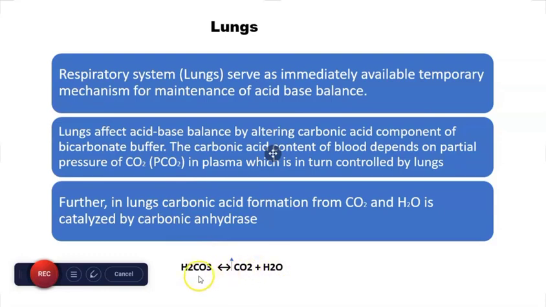So if we want to have our carbon dioxide, there must be pressure of CO2, which is already in the blood plasma, dissolved, and there is water, the body fluid there in the blood plasma. So with the help of the enzyme carbonic anhydrase, we will have our weak acid, carbonic acid. That's what we are talking about.